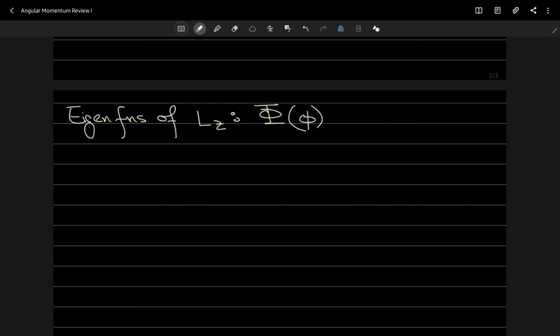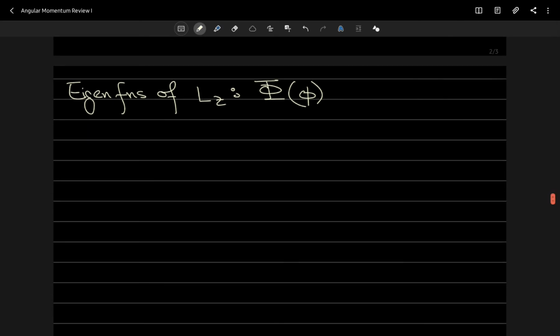And these eigenfunctions satisfy the eigenvalue equation for Lz, which is Lz acting on these eigenfunctions gives you m h bar phi of phi, right?